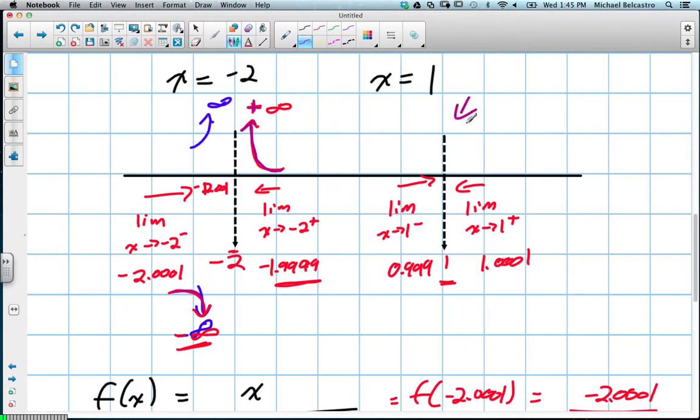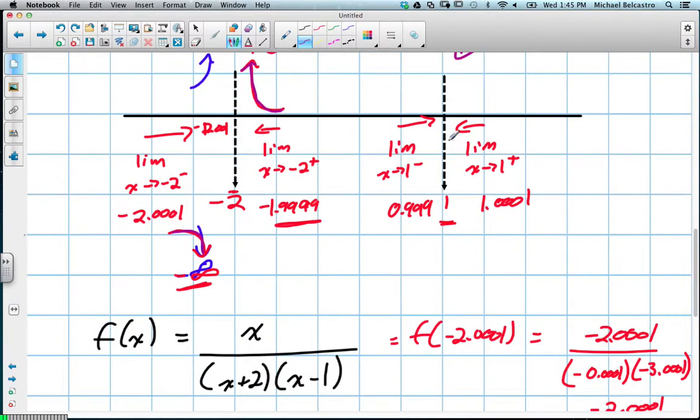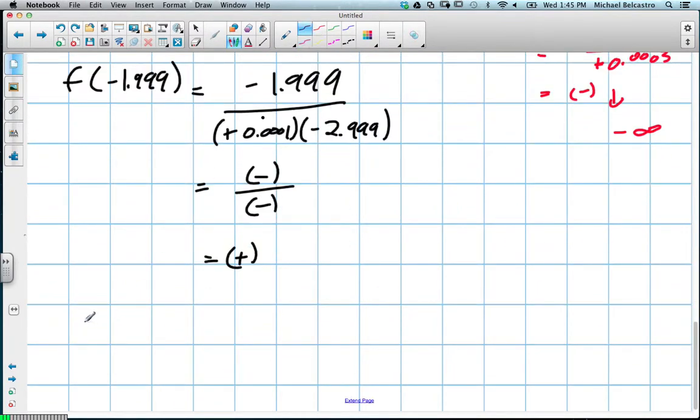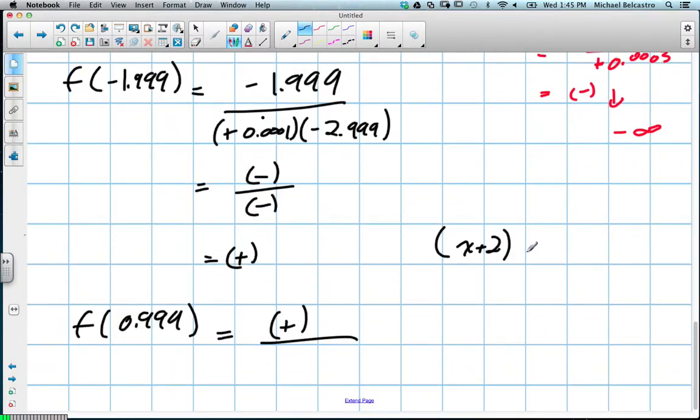We're going to do the same process over here when we're approaching our value of 1. This time really focusing on the positives and negatives. So our f at 0.999. We know we have an x on top, so I'm putting a positive value in on top. And I'll write the two numbers in here just so I don't forget them: x plus 2, x minus 1.